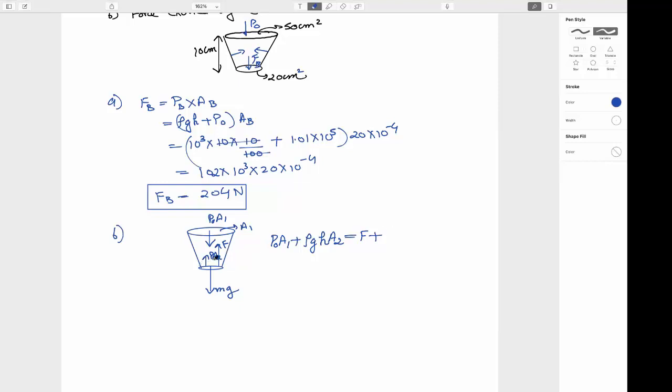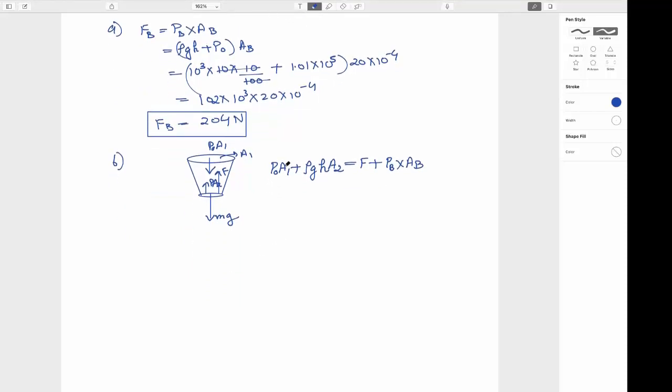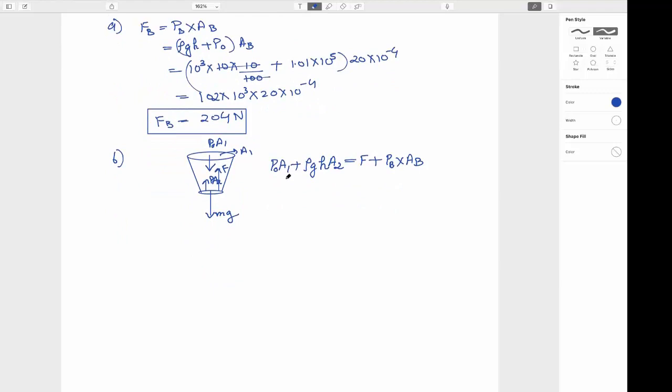So this pressure PB into AB. So calculate this. On calculating this, we will get F. So F comes out to be P naught A1 plus rho GH into A2 minus PB into AB.